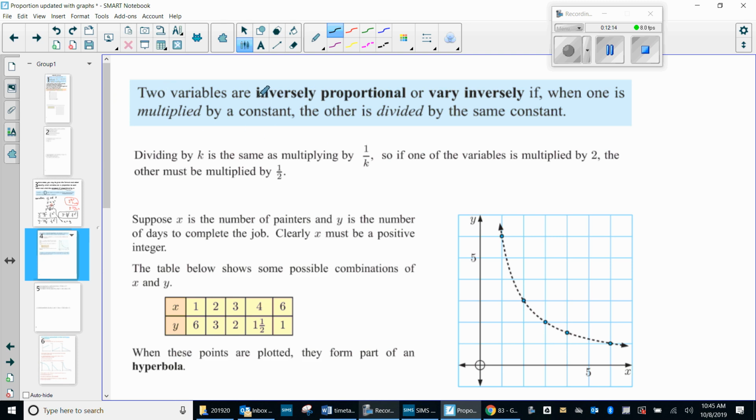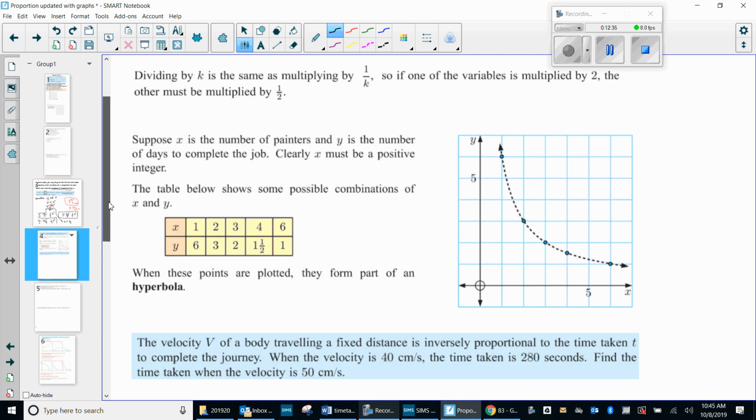If things are inversely proportional, when one of the variables increases, the other decreases, okay? So when one is multiplied by something, then the other number is divided by the same value, okay? So if my numbers here go up by 2, so if they're doubled, then our numbers here would be halved.